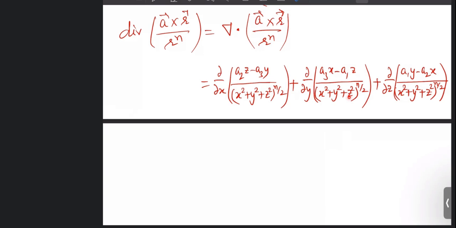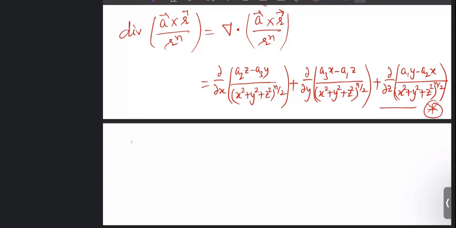Similarly for the second and third ones. I consider it one by one, then I keep all these values in this equation.